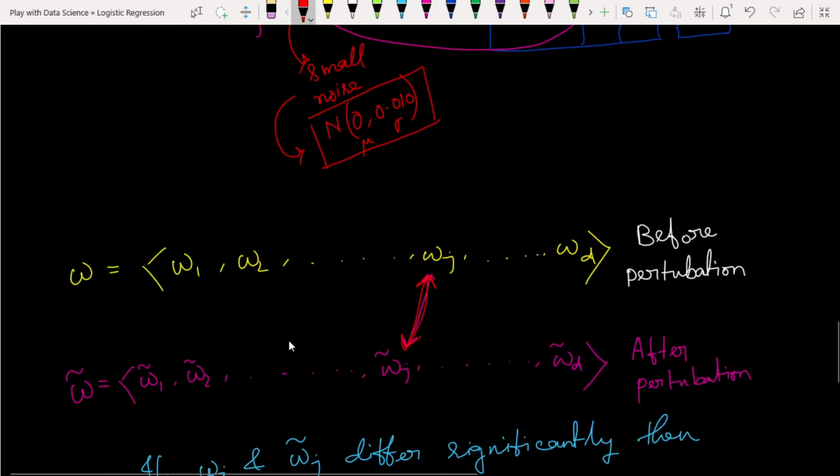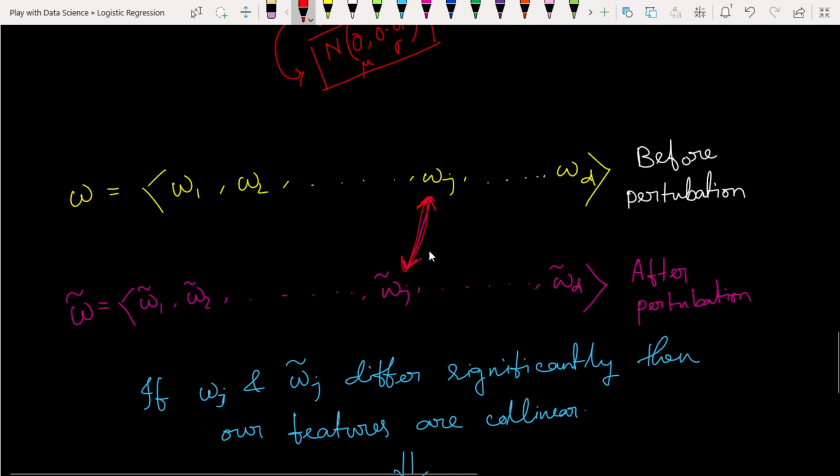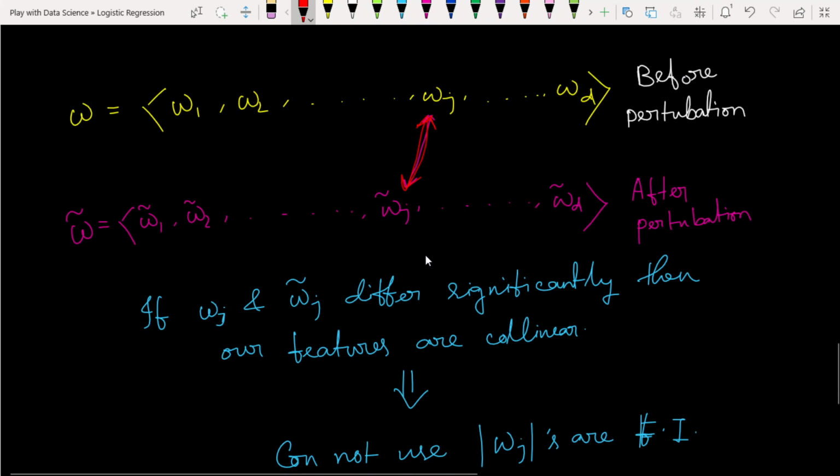So before and after perturbation, if our weight vectors differ significantly, then we can conclude that our feature vectors are collinear.